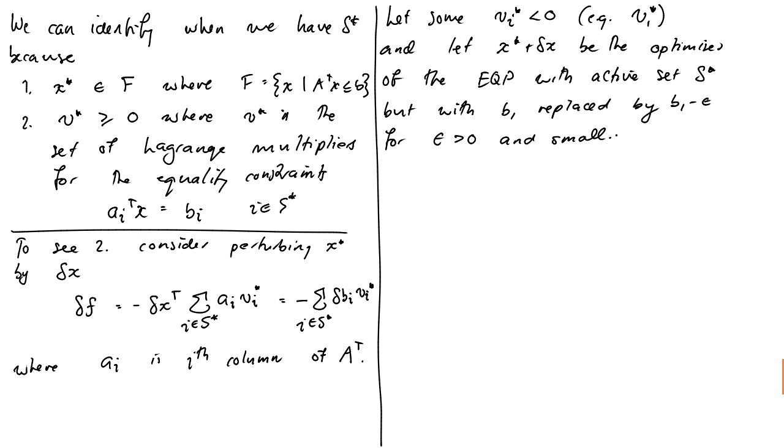Okay, so we're reducing the right hand side of one of our constraints by a small amount, and when we solve that problem, we'll get a perturbed x, which is x star plus delta x.